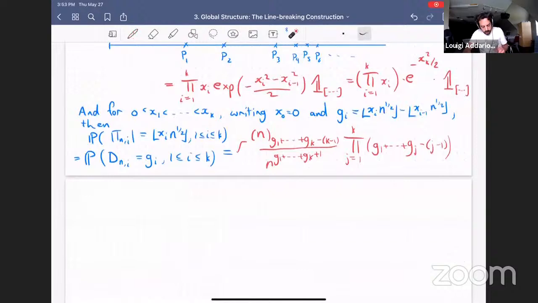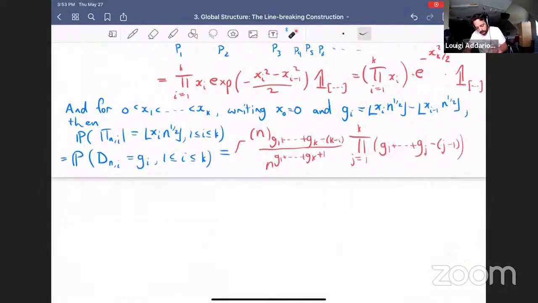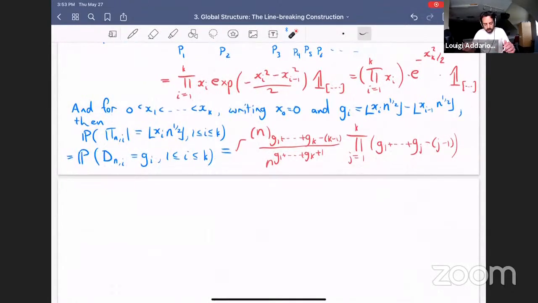Right, so now we'd like to use the fact that gi is basically like xi minus 1 times n to the half to do asymptotics here. Since g1 plus gj is just telescoping, this gives us xj n to the half.